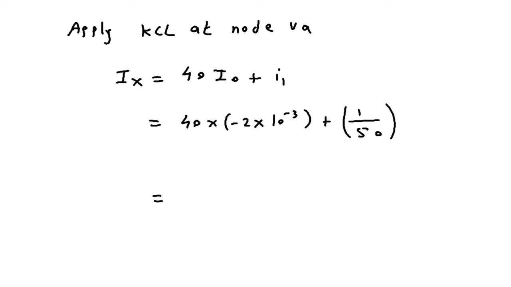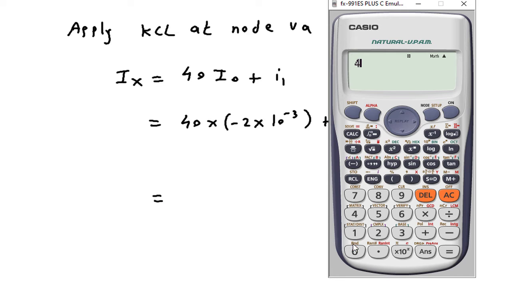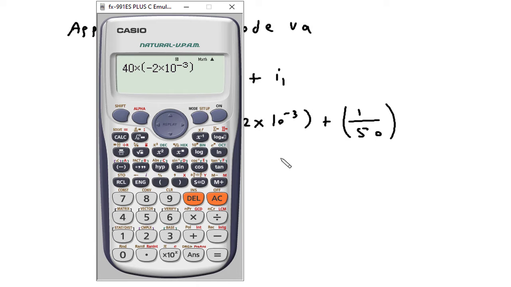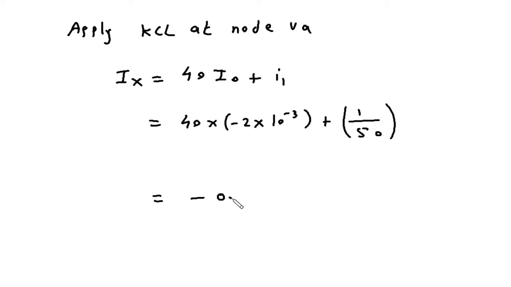So this will be 40 into minus 2 into 10 raised to the power minus 3, plus 1 by 50. So it is minus 0.06. Minus 0.06 ampere is the value of Ix.